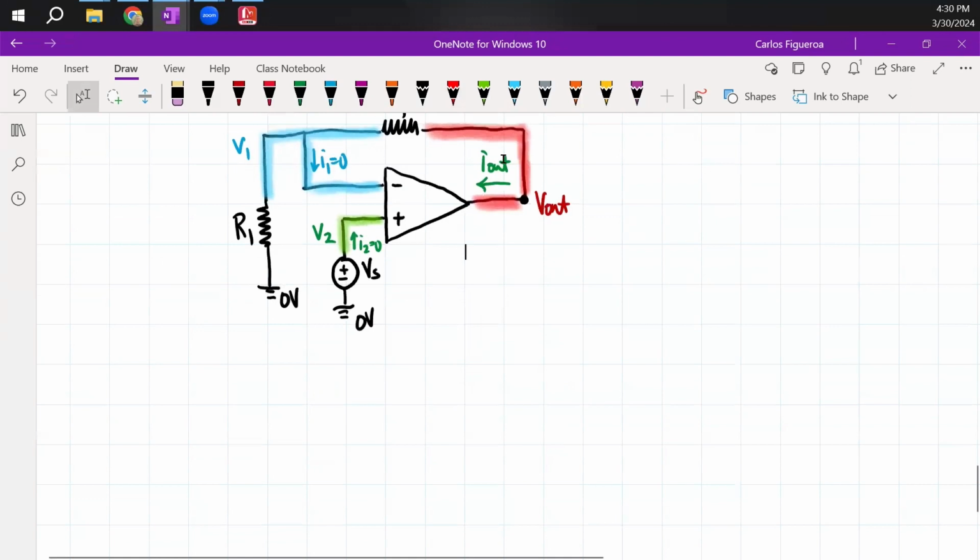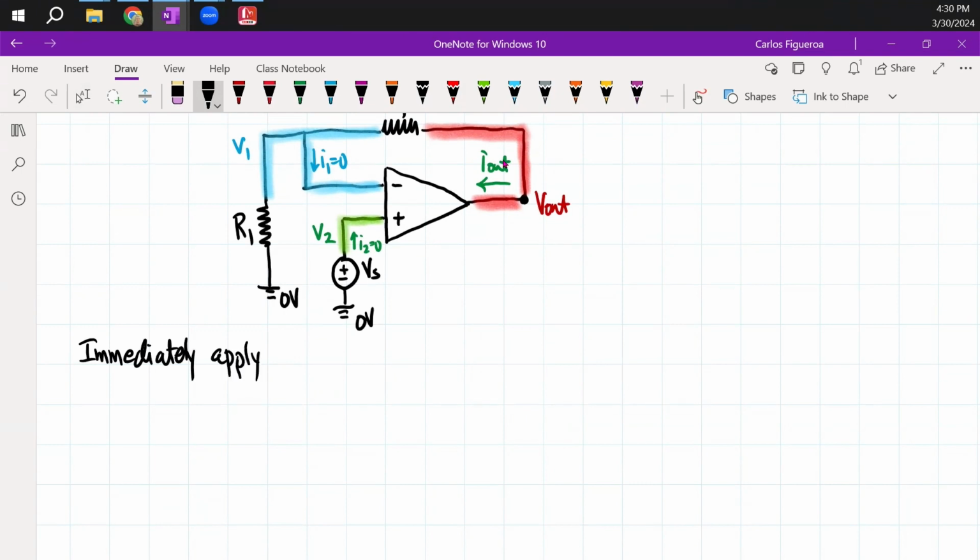So we apply the ideal conditions immediately and follow the currents.